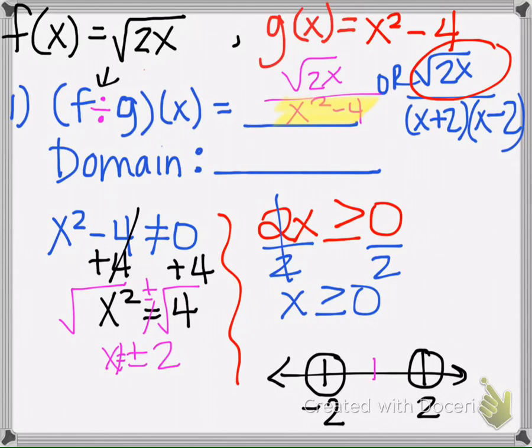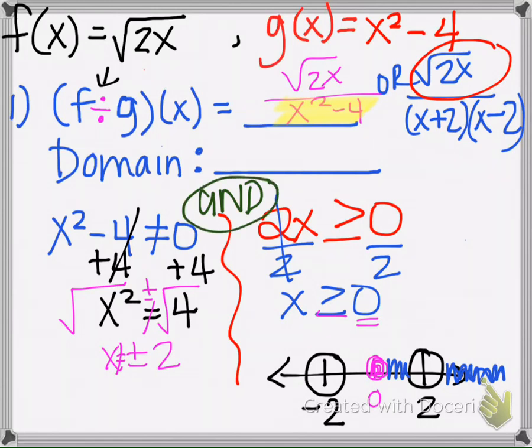And we have 0 here in the middle from this. And this one is saying that x could be 0, but it has to be greater than or equal to 0. So x can't be 2 and negative 2, and x has to be greater than or equal to 0.